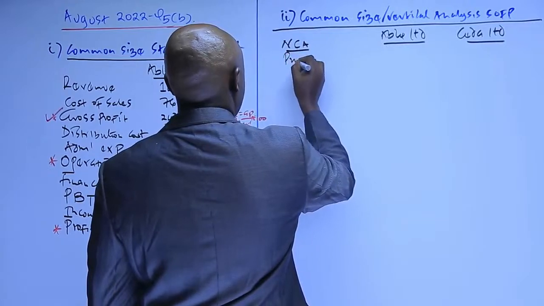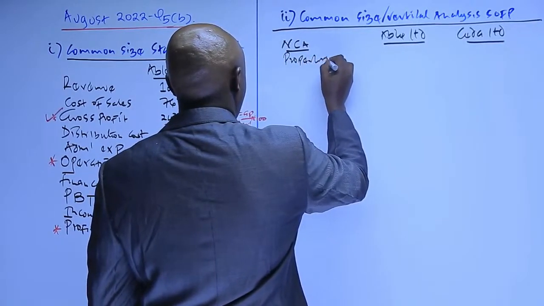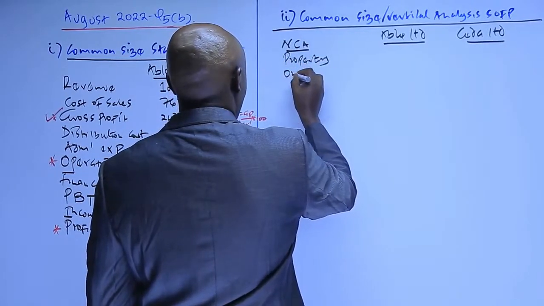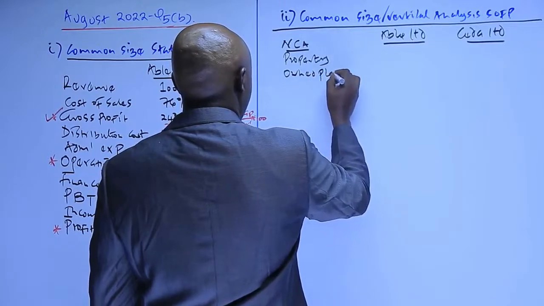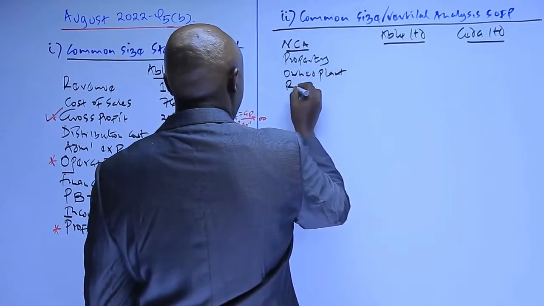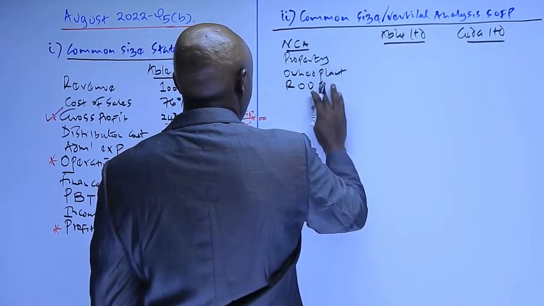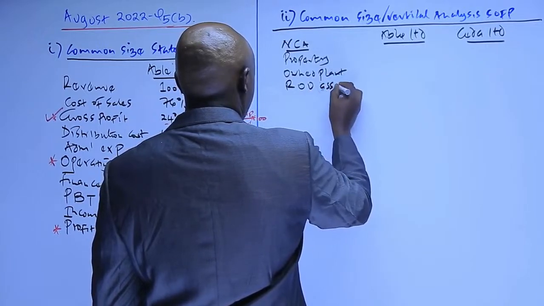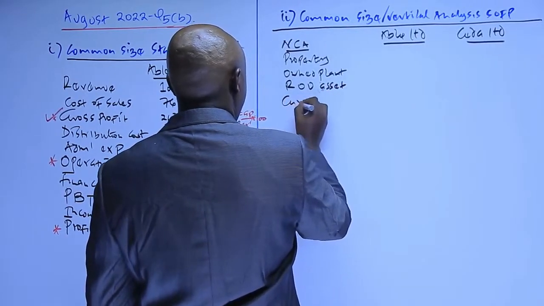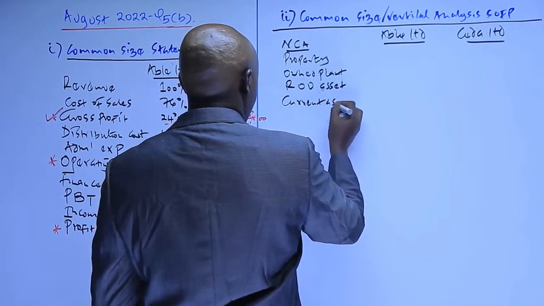We have property, then we have owned plant. We have right of use assets. And then we have the current assets.